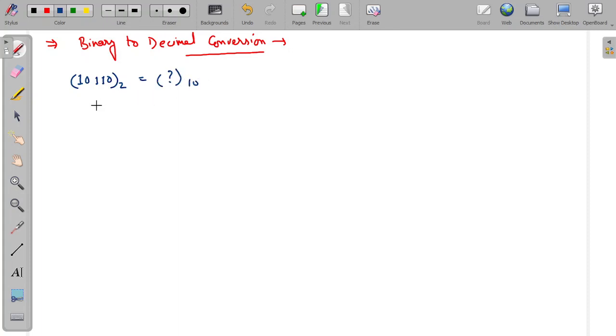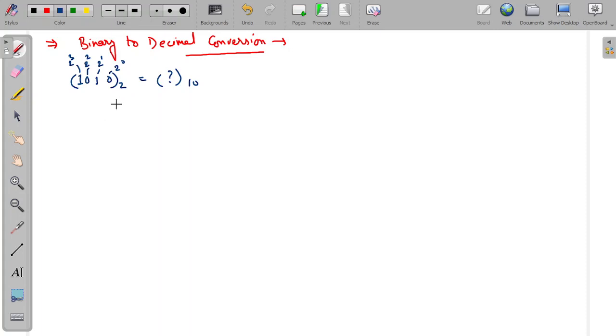Now this again, I told that each of these bits has a certain weight. For example, this is 2 to the power 0, this has a weight of 2 to the power 1, this has a weight of 2 to the power 2, and this has a weight of 2 to the power 3. So if it is 1010, so 2 to the power 0 weightage, 2 to the power 1 weightage, 2 to the power 2, and 2 to the power 3. So what is the decimal equivalent number for this 1010?